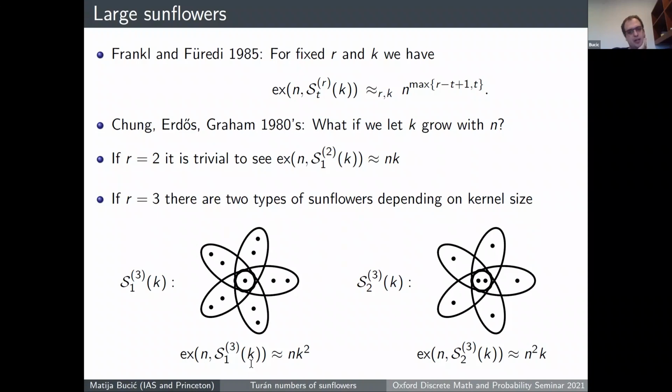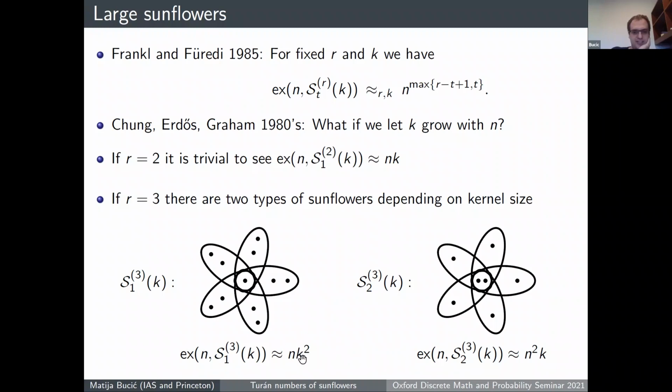For example, if you are asking really for k equal to n, then you just cannot fit this sunflower on n vertices. So the answer is just the complete hypergraph, nothing interesting going on. So you should always think of this parameter k as being smaller than n, but allowed to grow with n. Something like root n is maybe a good thing to keep in mind throughout the talk.